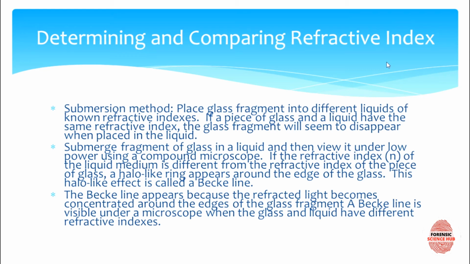Now there can be different possibilities: either it will disappear, or, if the refractive index of the liquid medium is different, we will see a halo-like effect, which is called a backline. The backline appears because the refracted light becomes concentrated around the edges of the fragment. I'll be showing you the picture now.